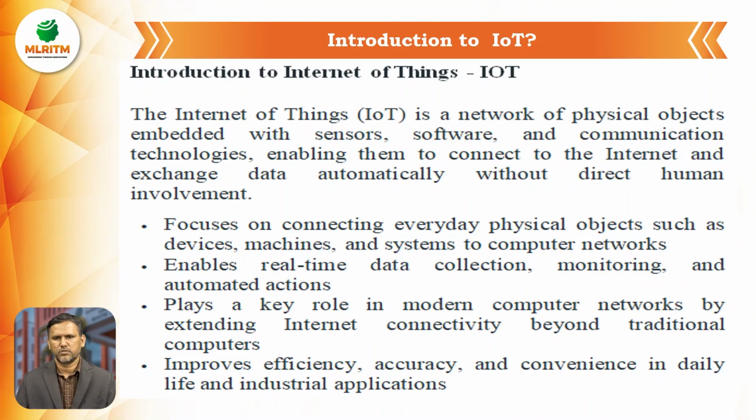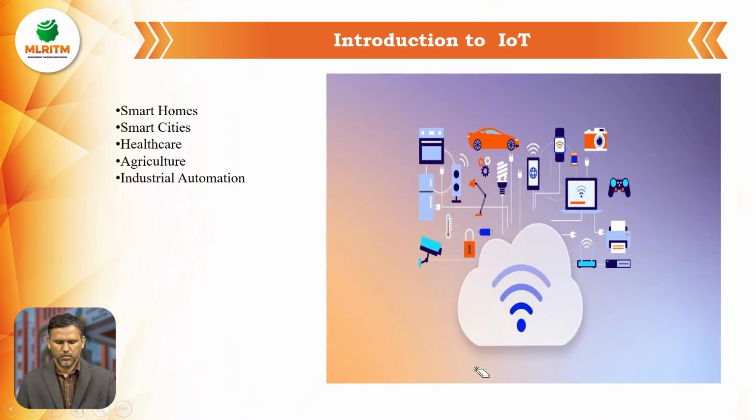These physical objects, such as devices, machines, and systems, enable real-time data collection, monitoring, and automated actions. By using this, we can observe improvement in efficiency and accuracy in daily life and industrial applications. Some examples are smart homes, smart cities, healthcare, agriculture, and industrial applications.